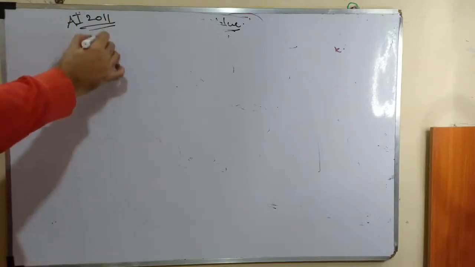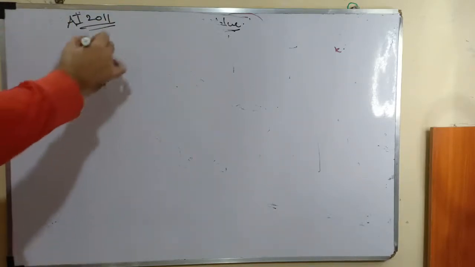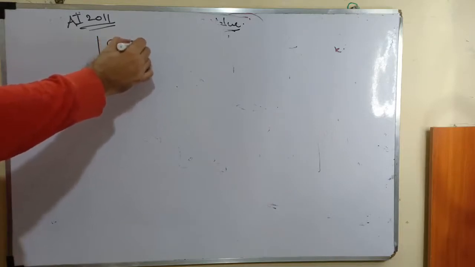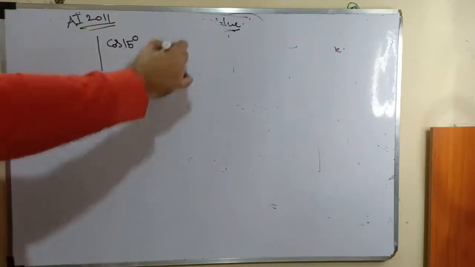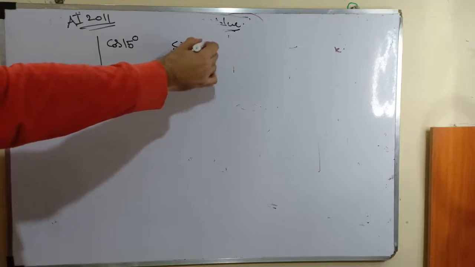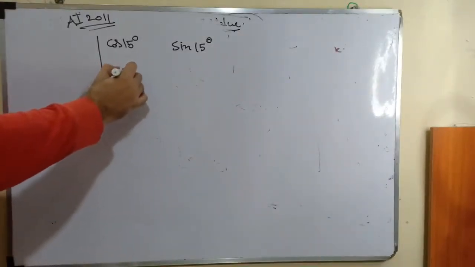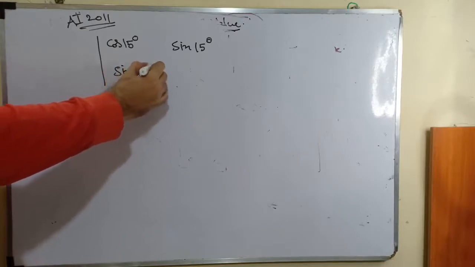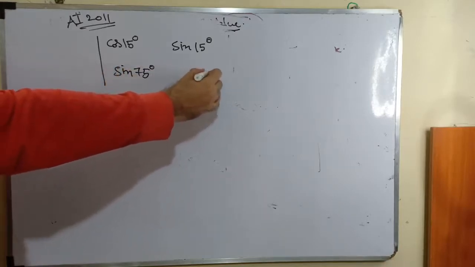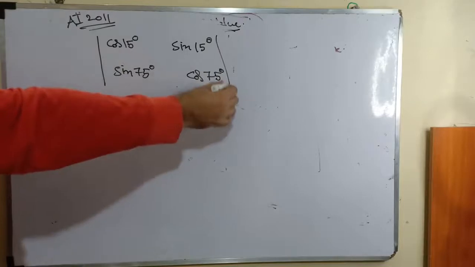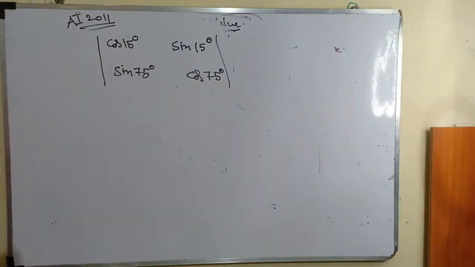And the question is the determinant of cos 15, sin 15, sin 75, cos 75 degrees. This is what the question is. Now we have to find the value of this determinant.